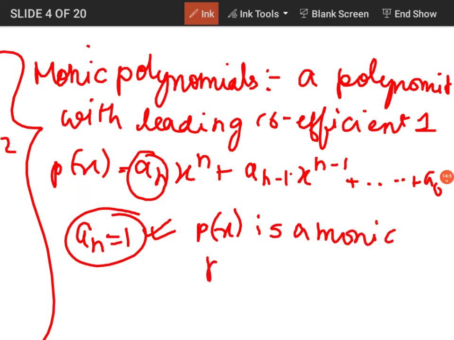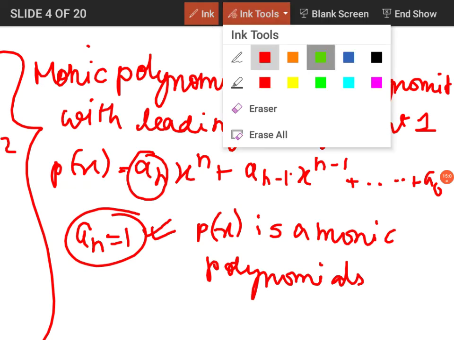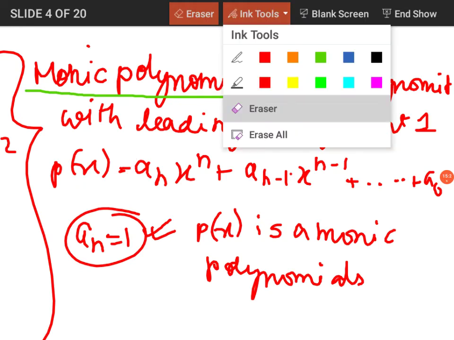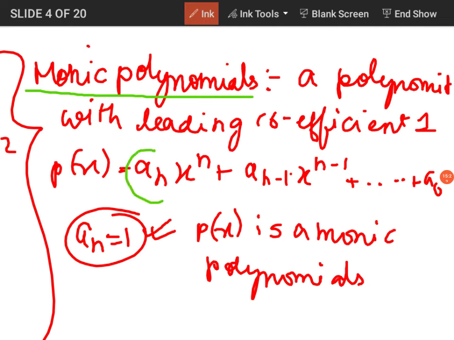This is why it was important to define the leading coefficient. So now you know what the leading coefficient is, and you also know what a monic polynomial is. A monic polynomial is a polynomial with leading coefficient 1. If I write generally, this is the general form of a polynomial, and here the leading coefficient is a_n.